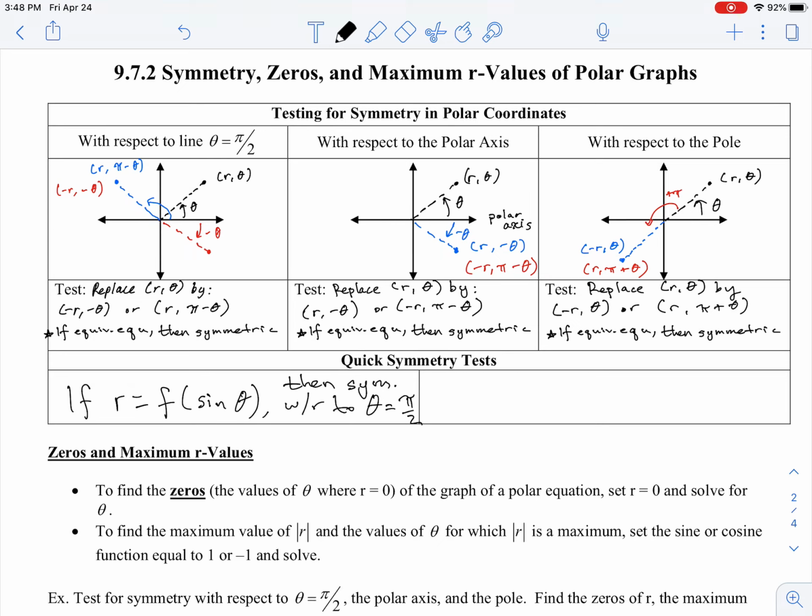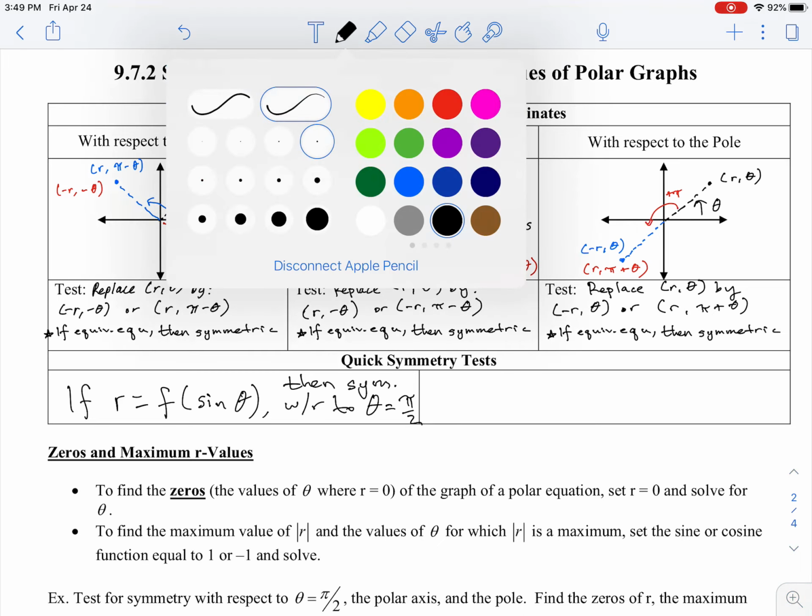It is not saying that it is exclusively symmetric to that. It could be symmetric to other components, whether the polar axis or the pole, but we know for certain that if r is some function of sine theta, it is indeed going to be symmetric with respect to pi over 2.